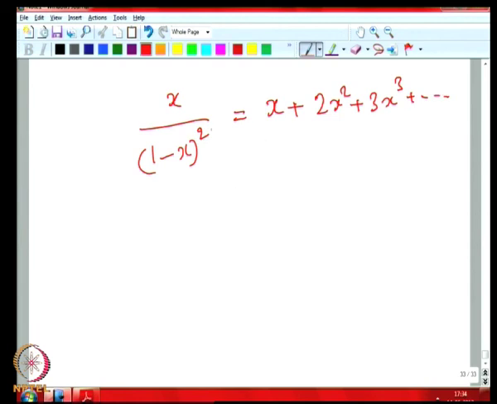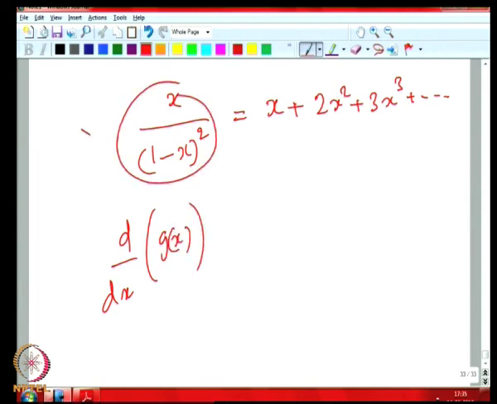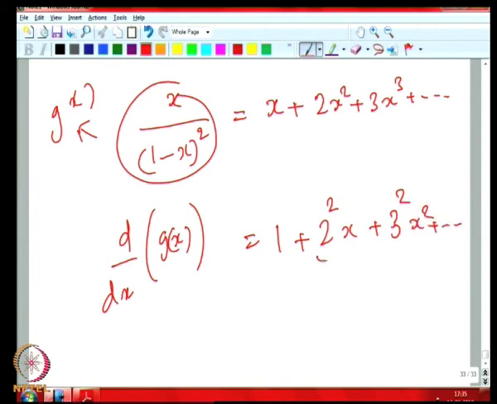If you differentiate it further, d by dx of this g of x, then this will be 1, plus 2 square x plus 3 square x square and so on. So we see the terms which we want here, but just that 2 square is the coefficient of x.